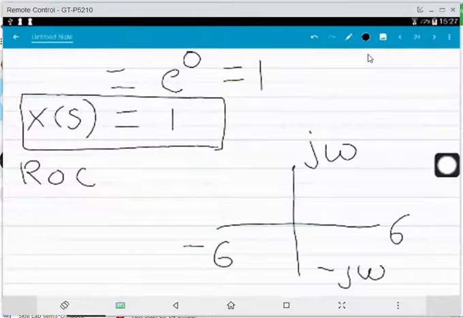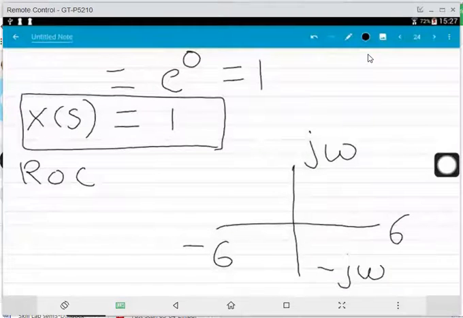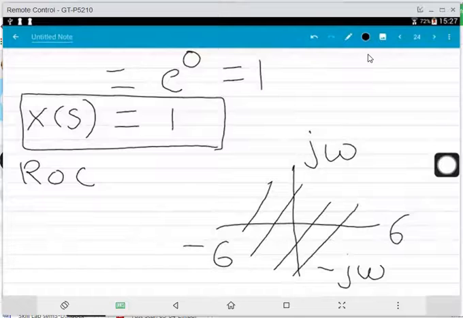So this is the S plane, and the ROC of this signal is the entire S plane, as no s term is present in the Laplace transform. So ROC will be the entire S plane. This is about the delta function.